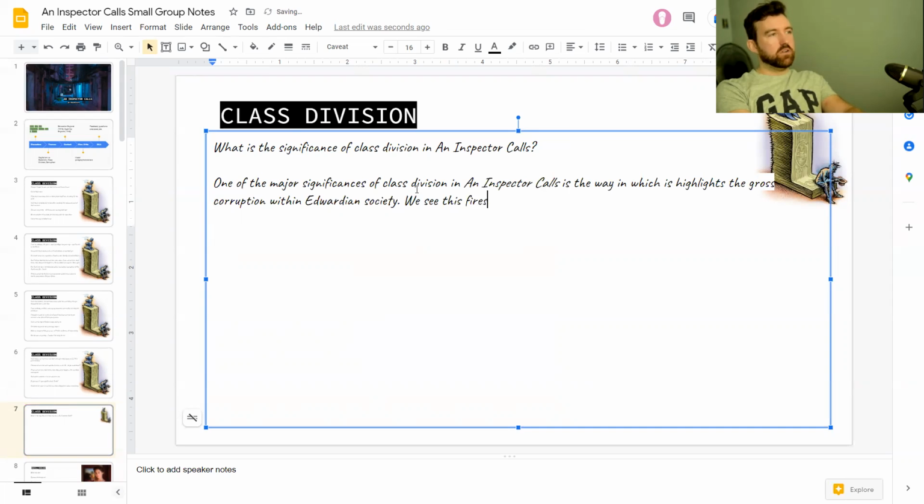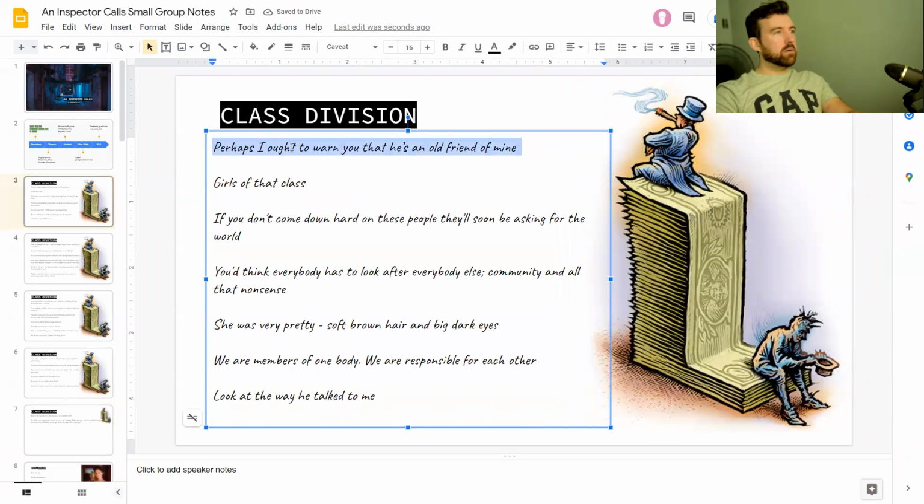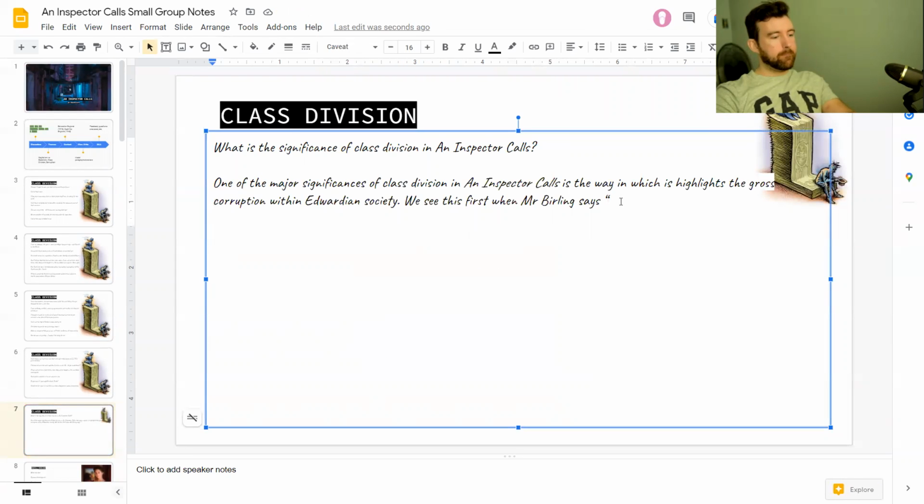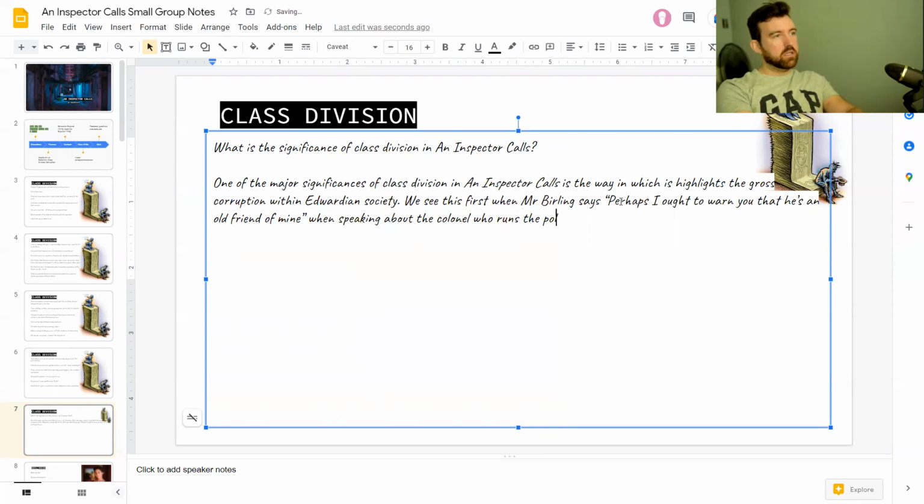We see this first when Mr. Birling says, "Perhaps I ought to warn you that he's an old friend of mine," when speaking about the colonel who runs the police station.